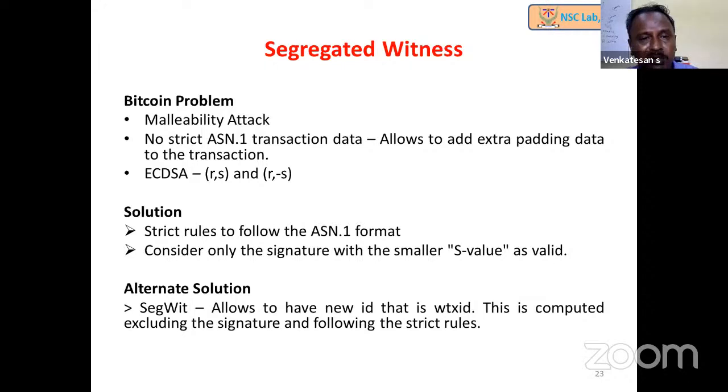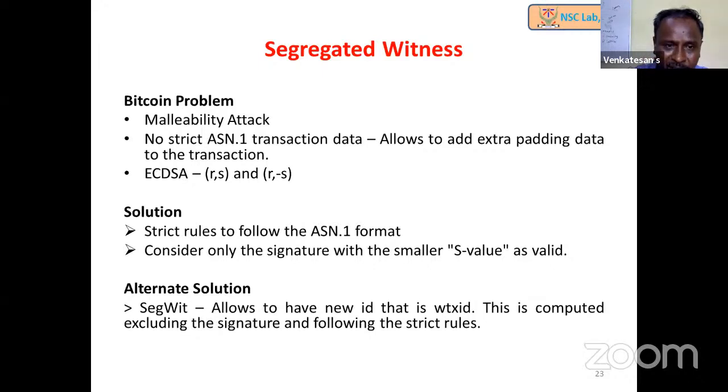But they found a security vulnerability, the malleability attack. In the malleability attack, we can merge two things and it is not possible to identify whether it is modified or merged or not. The reason for this is that they are not following a proper encoding mechanism.